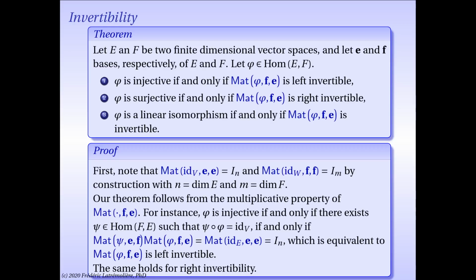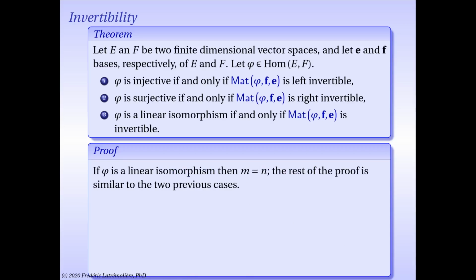The proof of right invertibility is similar. The proof of invertibility is also similar, with the additional observation that the dimension of E and the dimension of F must be equal if we assume that there exists a linear isomorphism between them.